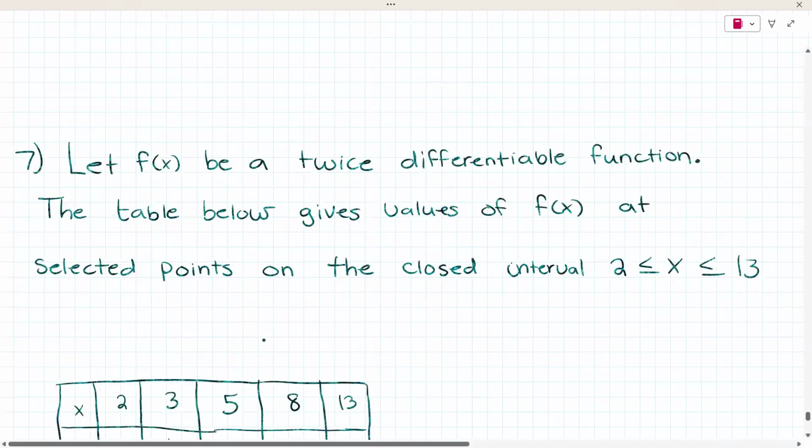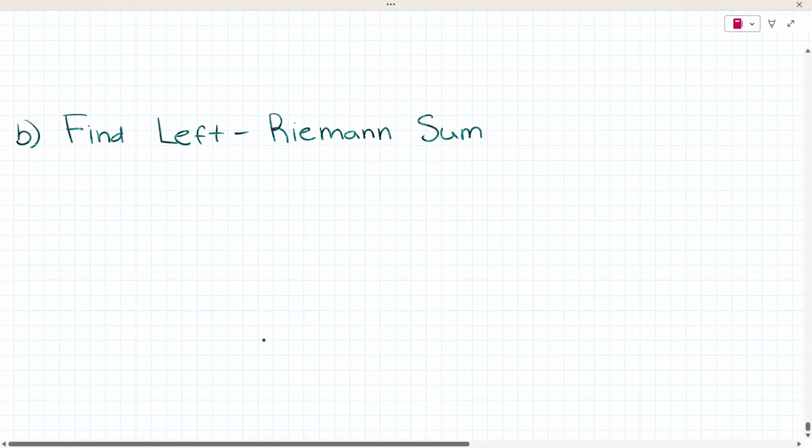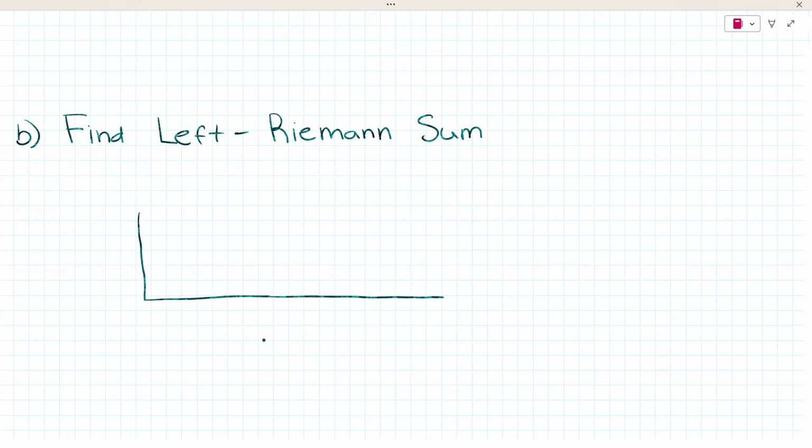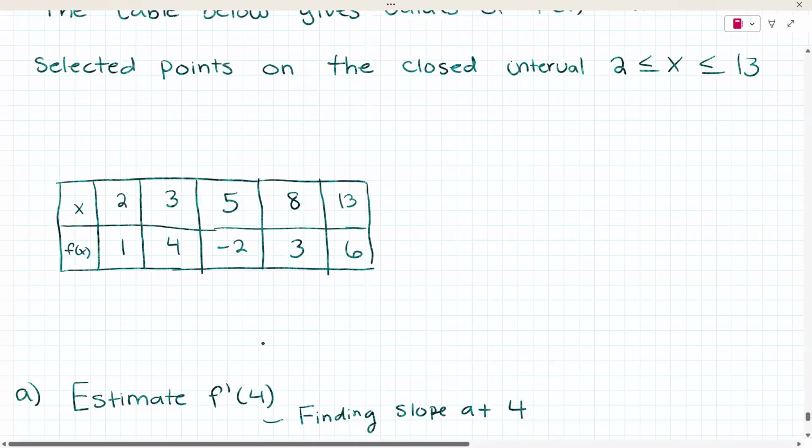And then it also says find the left Riemann sum. So we're going to draw our boxes. If you look at our table, we go from 2, 3, 5, 8, 13.